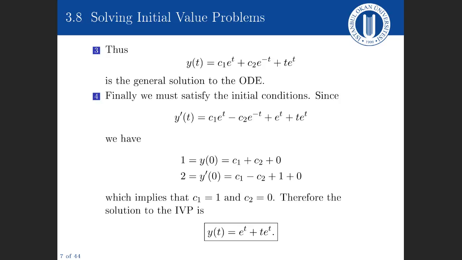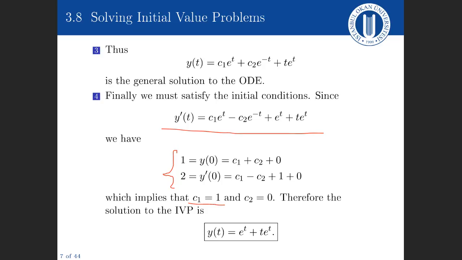And I'll go through this very quickly. Because the derivative of y is C1 e to the power t minus C2 e to the power minus t plus e to the power t plus t e to the power t, when we replace t by 0, we end up with 1 is equal to C1 plus C2, and 2 is equal to C1 minus C2 plus 1.